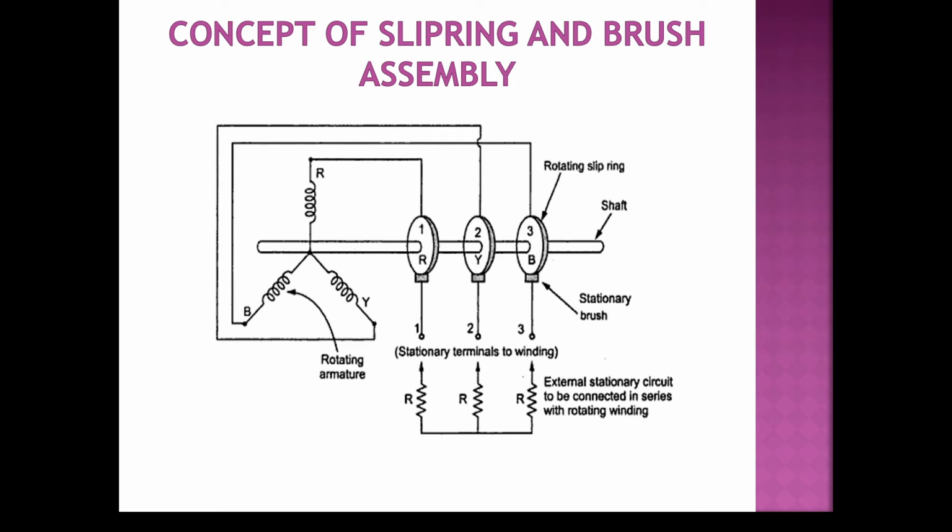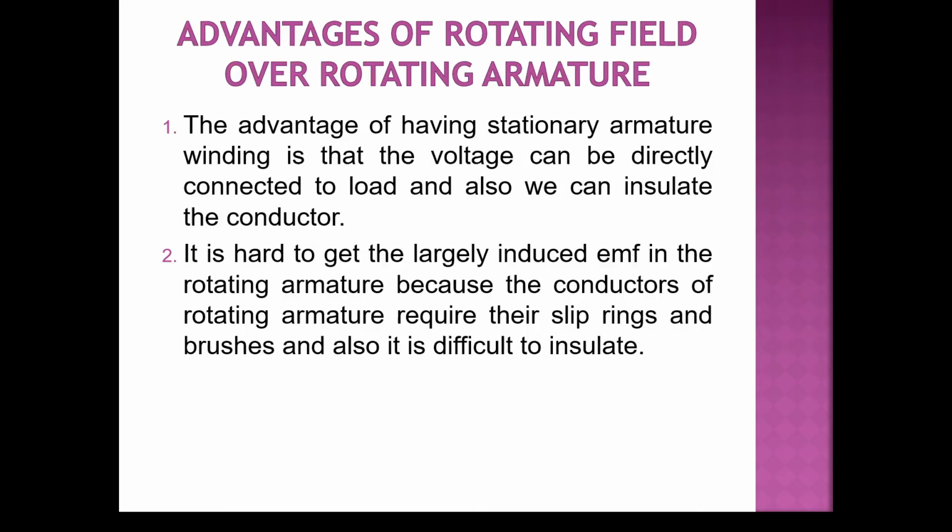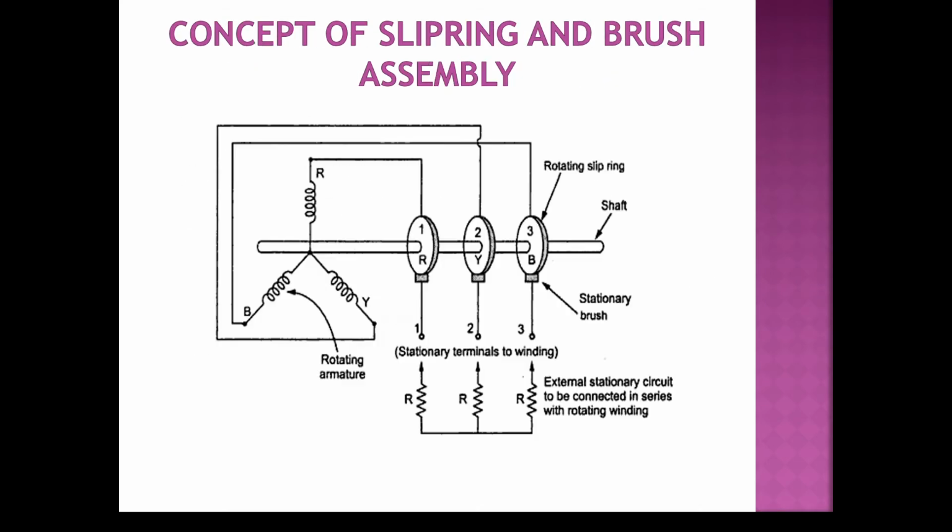So slip rings and brush assembly will collect the induced EMF from the rotating armature and give it to the stationary external circuit. So whenever we have to develop a contact between a rotating element and a stationary circuit without converting AC to DC, the slip rings and brush assembly is used.